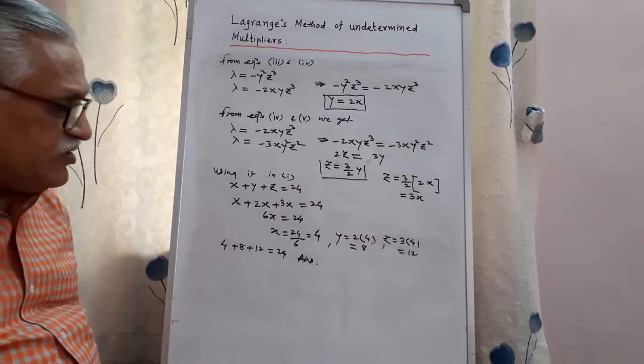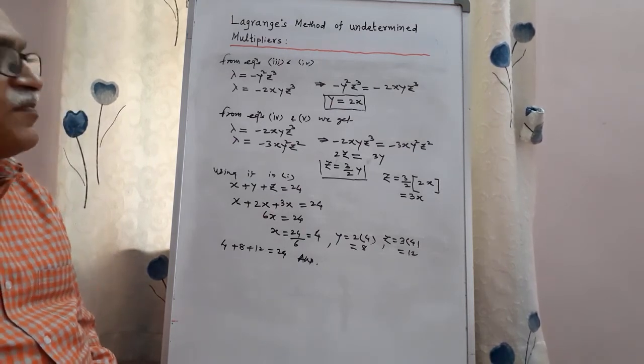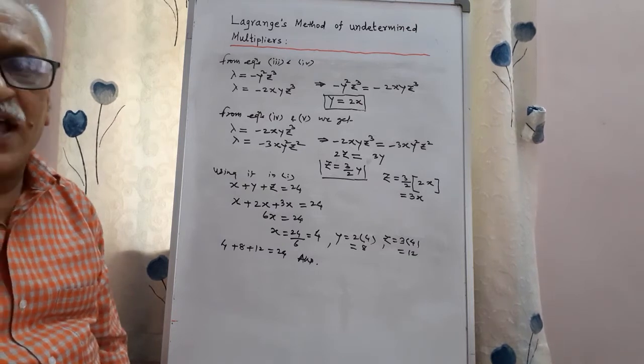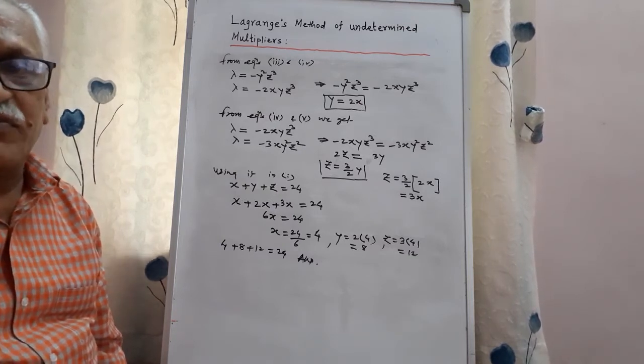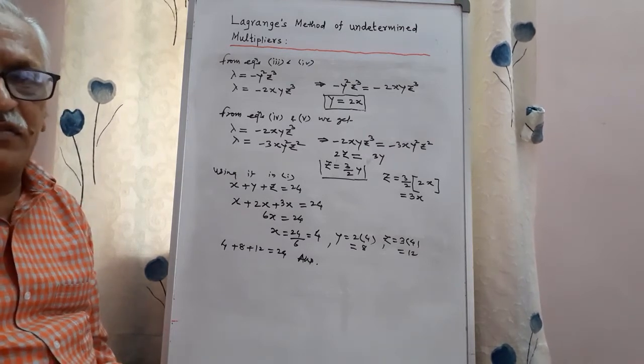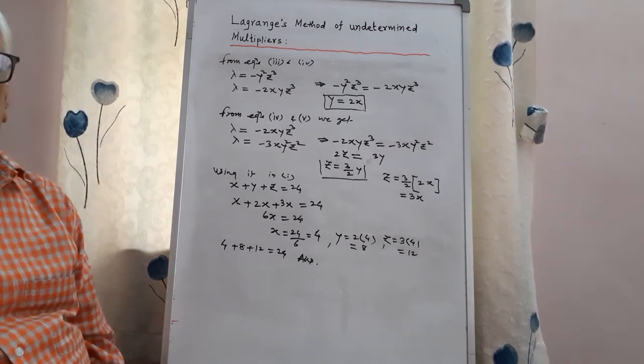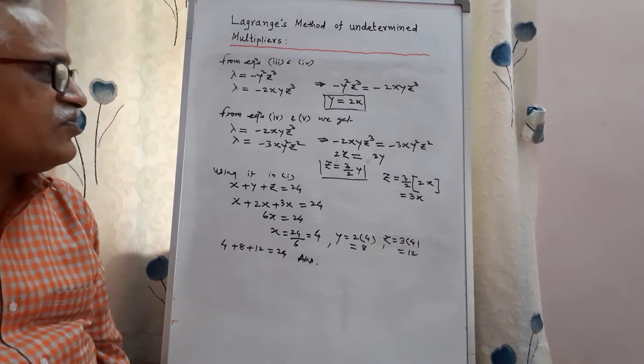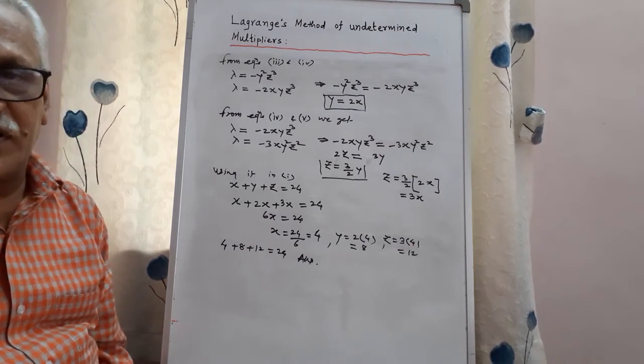Therefore, whatever we obtain, it is by using Lagrange's method of undetermined multipliers. This method is useful to determine maxima or minima or the stationary values for a function of three independent variables.